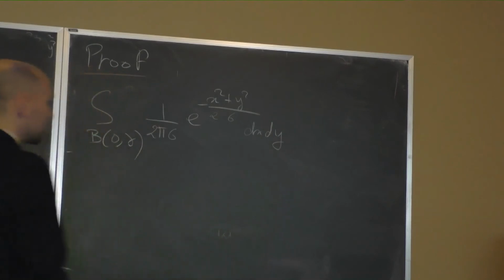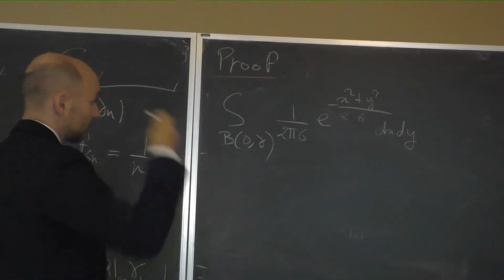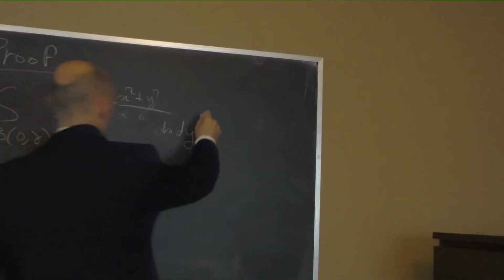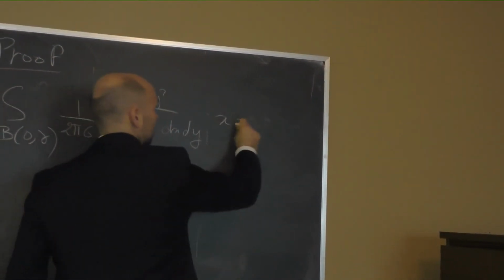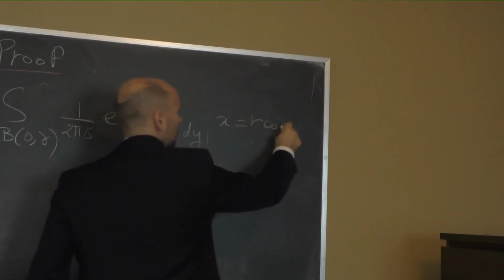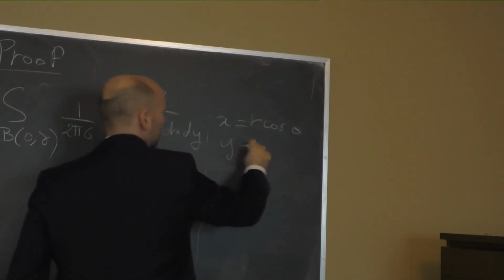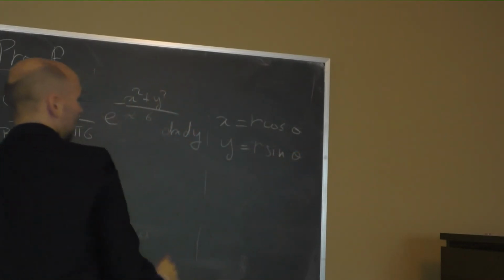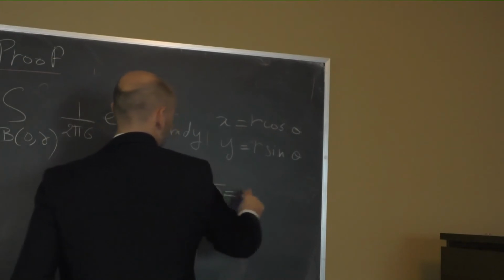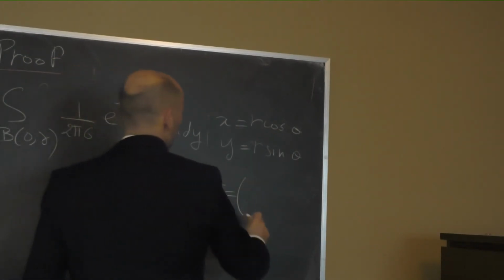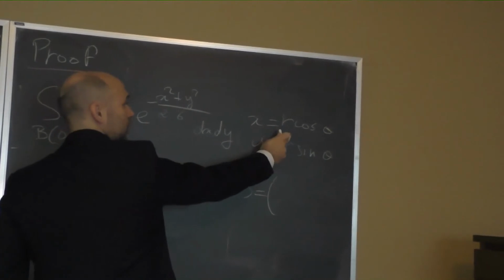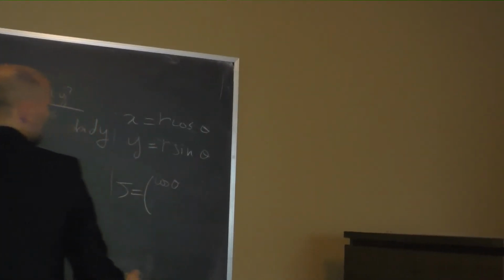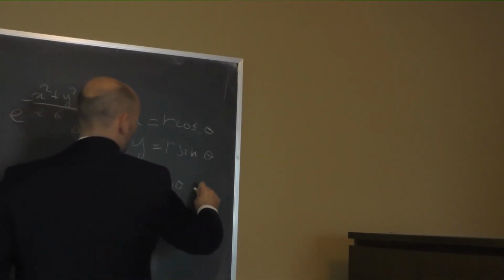So let's do that. This is classical. I will set up this change of variable: x equals r cos theta, y equals r sine theta. And then I have this Jacobian. I take the derivative of this quantity with respect to r, I get cos theta, and with respect to theta, I got that.